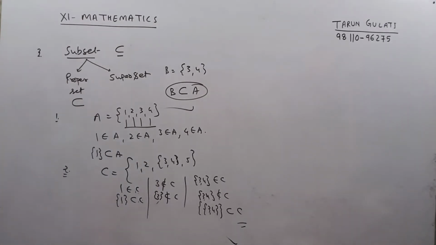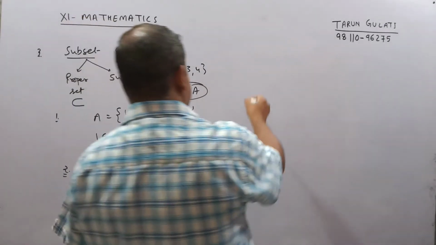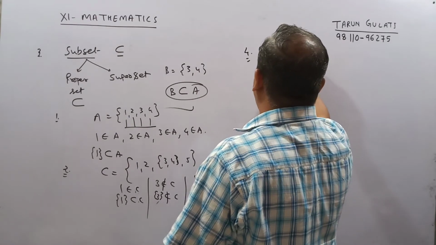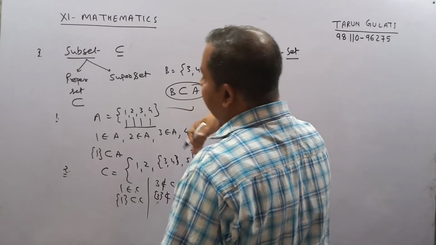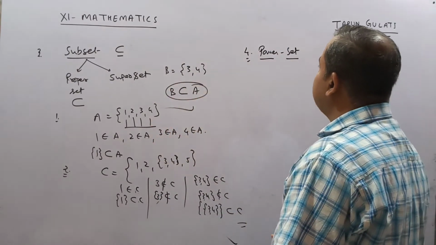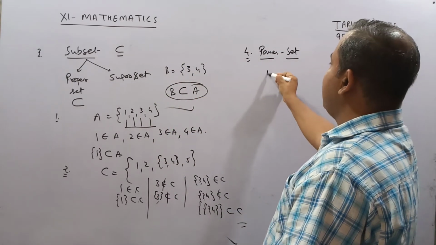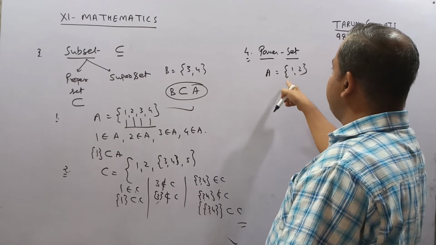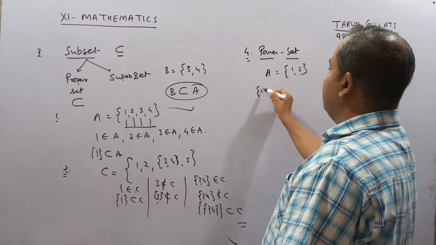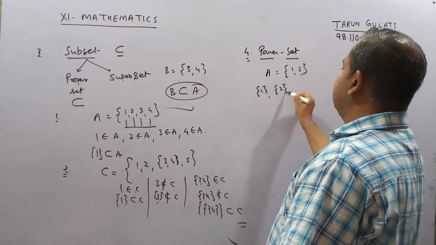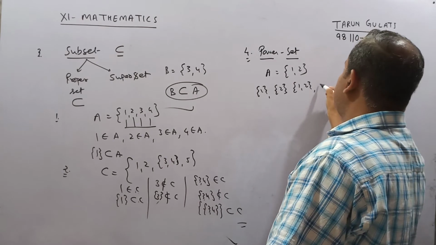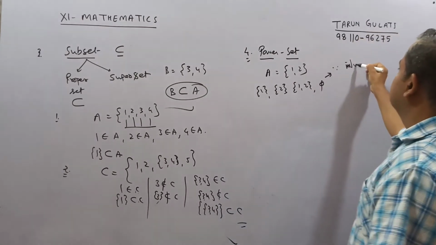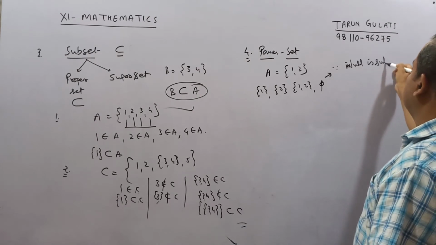We should move to some other things. Say it is power set. What is power set? How many subsets of a set are possible? Say we have a set A, it has 1 and 2 as elements. How many subsets are possible? Say {1}, {2}, {1, 2} and null, because null is a subset of all.